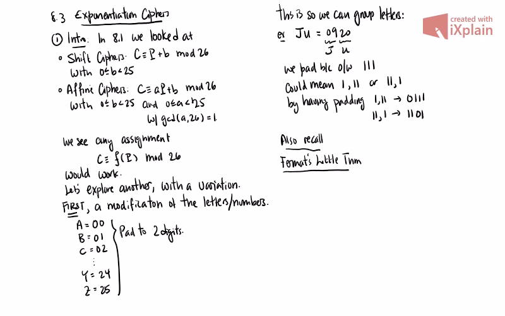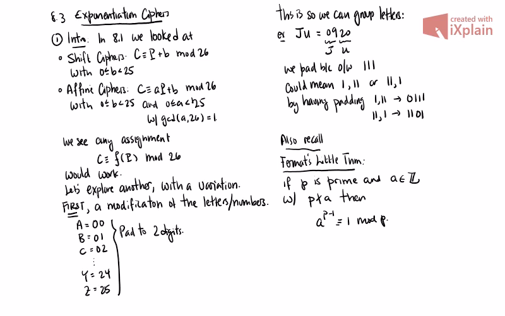Just a reminder of what that said: if P is prime, and A is an integer with P not dividing A, then A to the P minus 1 is congruent to 1 mod P. Here we're going to have a prime P that comes up, as well as a plain text capital P, so try and find some way of making those distinct for yourself.